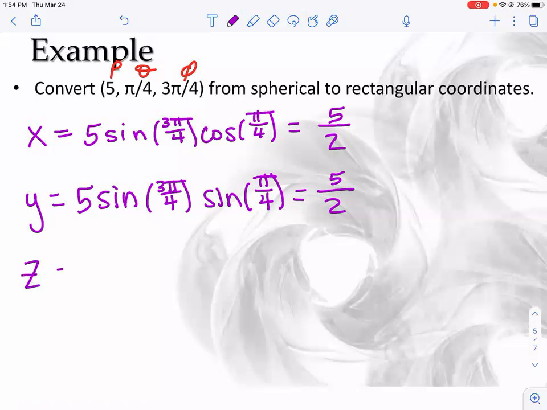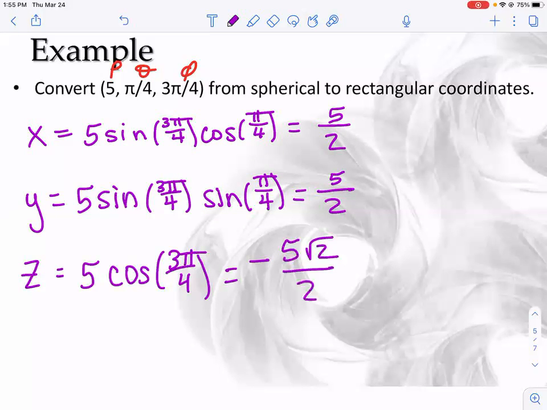Z is going to be rho times the cosine of phi. Which would be positive or negative? Negative.